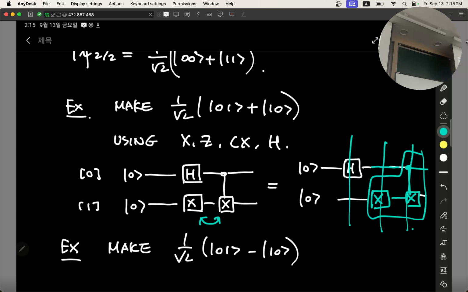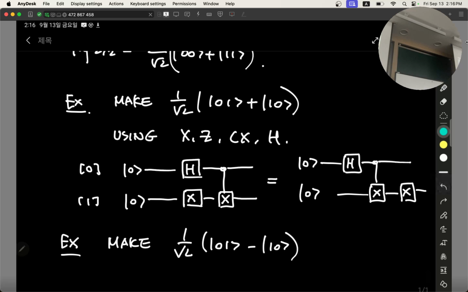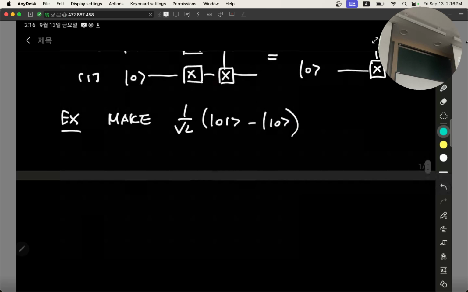But if you have an X gate on the controlled gate, now there's a problem. It changed the result. So be careful on switching the order on that. But here you can change the order. So now there are two different ways to make the same outcome here. And how about this? The third one.